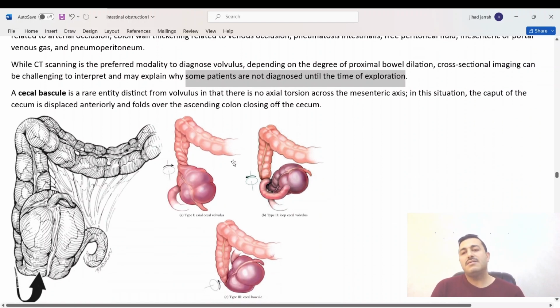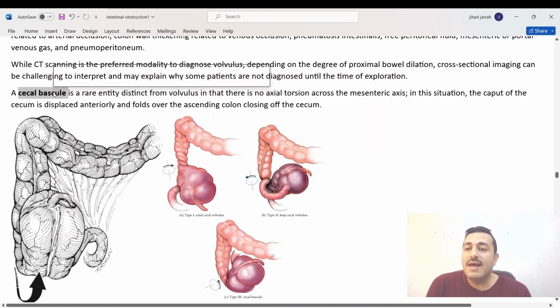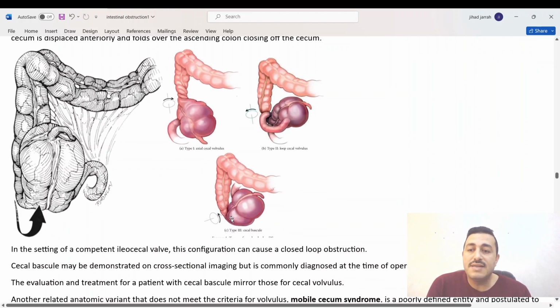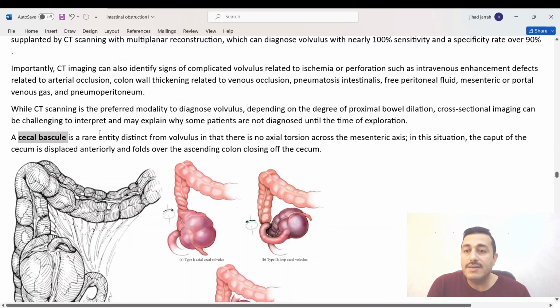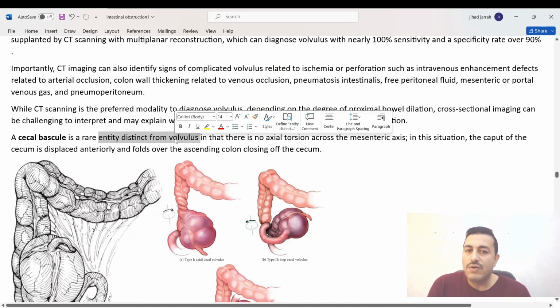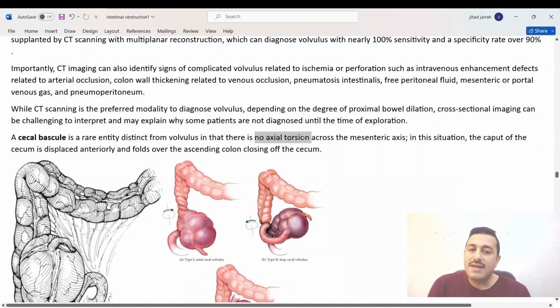An entity explained here is what is called cecal bascule. You can see this is the cecal bascule. It's when the cecum is folded and displaced upward, anterior to the ascending colon. It's a rare entity, distinct from volvulus, with no axial torsion.